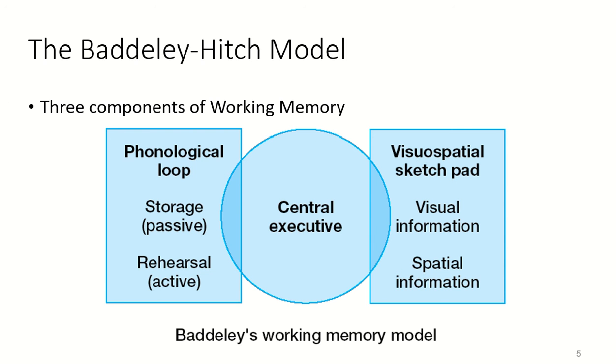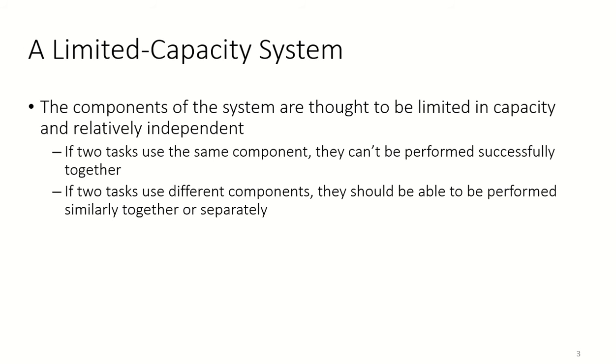That's important because it yields several different predictions. First of all, if these 2 systems have separate components, then depending on which 2 tasks you're engaged in, they can either tax the same system or tax different systems. If you have 2 tasks that both fall on the phonological loop, or both involve the visuospatial sketchpad, they'll be hard to perform together because they tap into the same limited capacity pool.